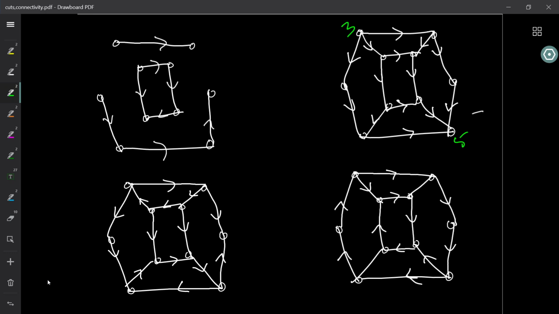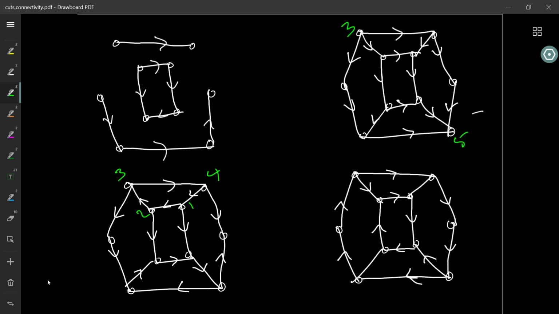Now, on the other hand, if you look at the third graph, you can go from, let's say, 3 to 4, 2. So I can go from 3 to 1, 1 to 3, 2 to 3, 2 to 4, all these things I can go.